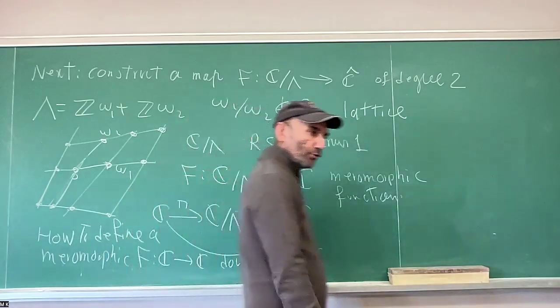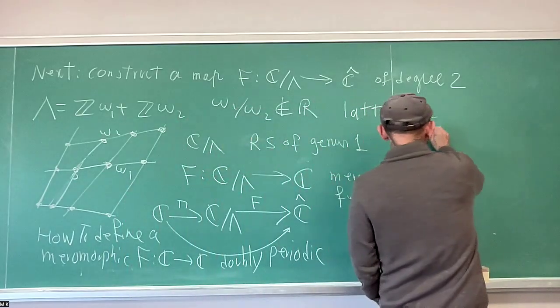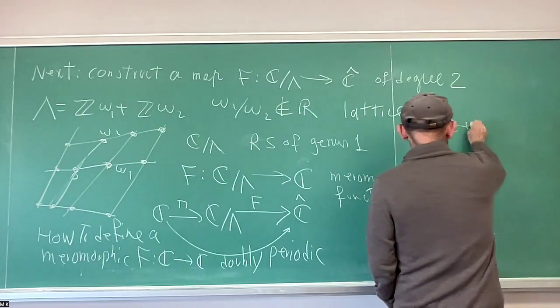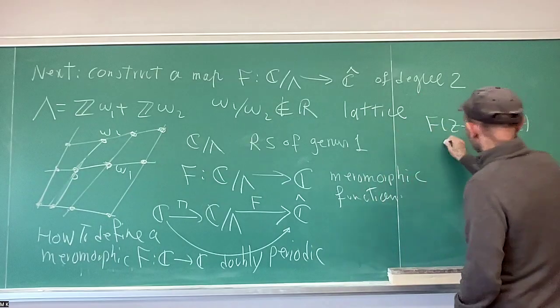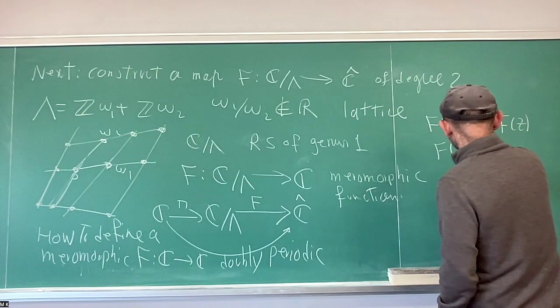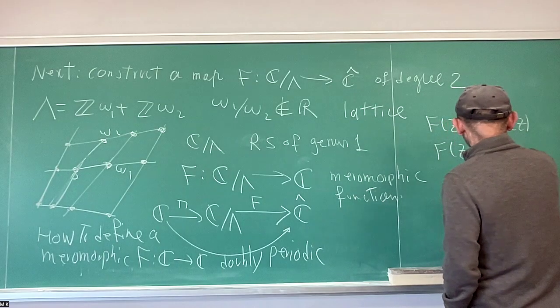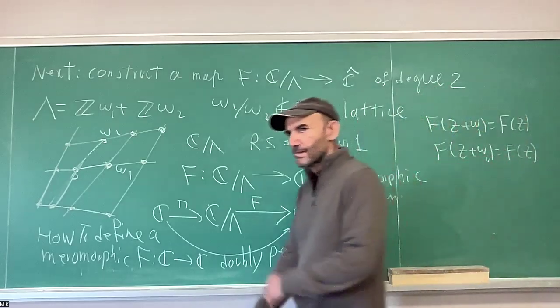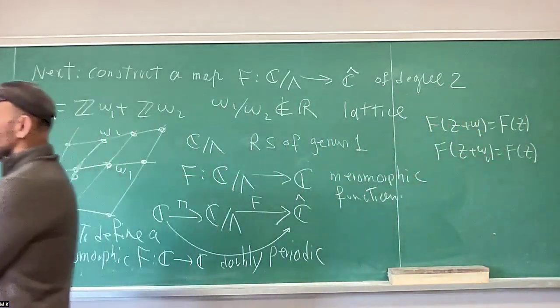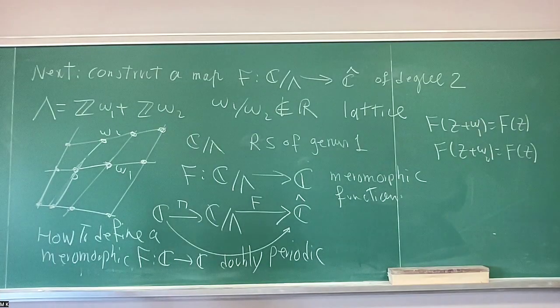Doubly periodic, of course, means the following, right? F of Z plus omega 1 is equal to F of Z, and F of Z plus omega 2 is equal to F of Z.